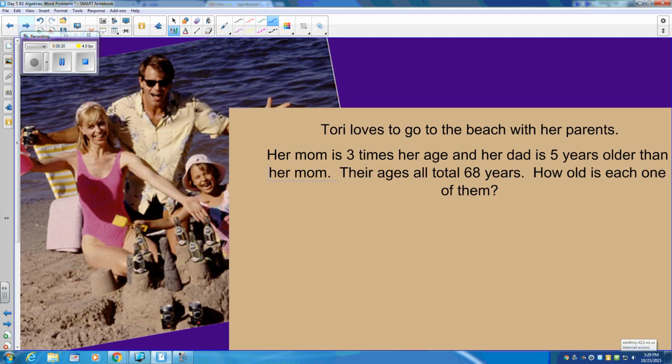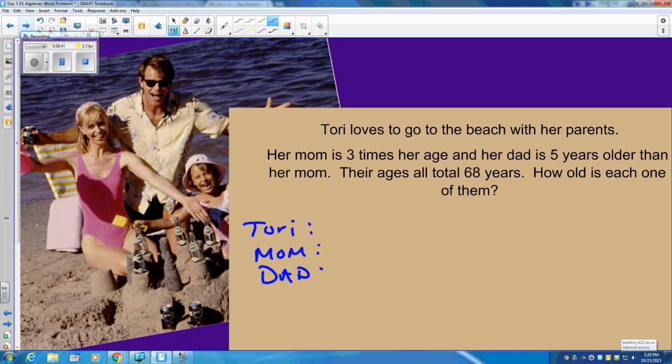Hopefully you recognize we have Tori, her mom, and her dad. So we identify those 3 things: Tori, mom, and dad. Now, as we read that problem, which one of those do you know the absolute least about?